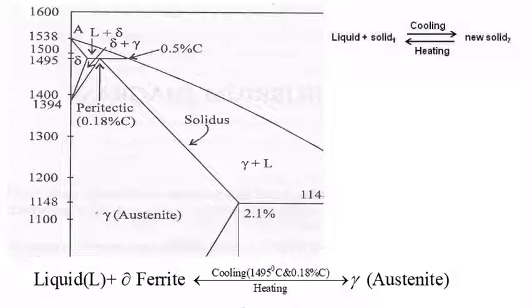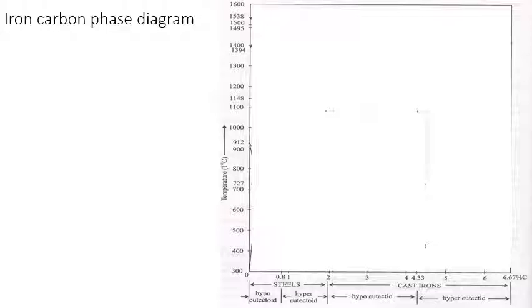So combining all these three invariant reactions, we can easily understand what exactly an Fe3C diagram means and what the invariant reactions are which are going to take place. Now, as we have already learnt how to draw a phase diagram, temperature will be on the y-axis and the composition will be on the x-axis.